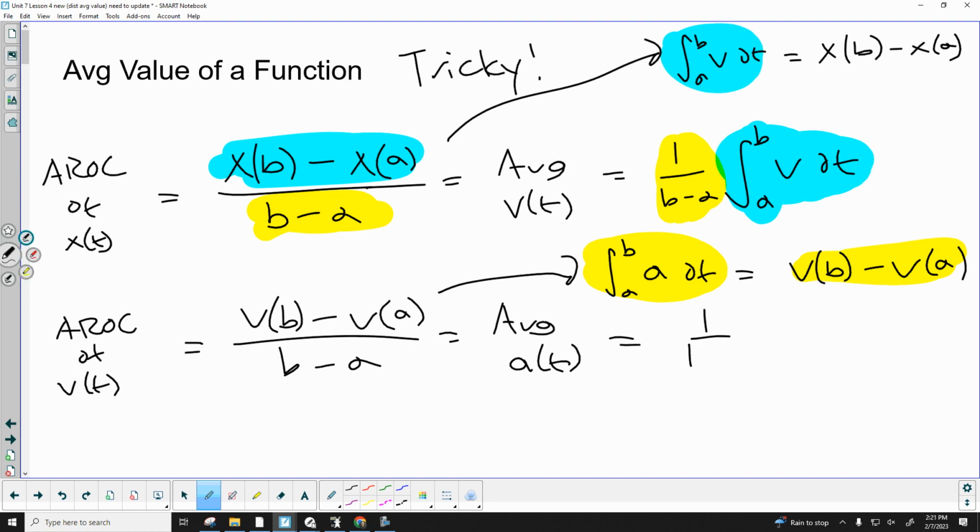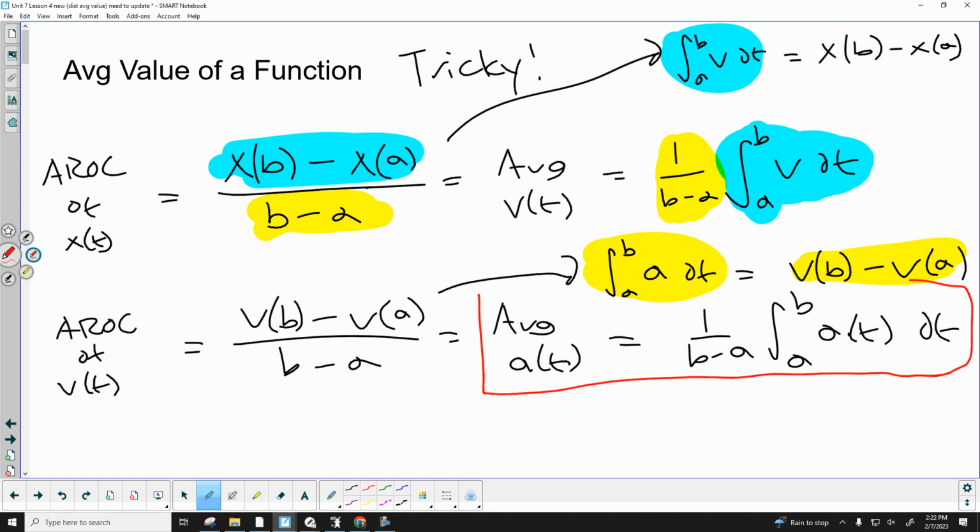So all of a sudden, I have this formula now. Okay, so an average A, this is our new formula for what we can think about in terms of averages. An average V, this is a new formula.